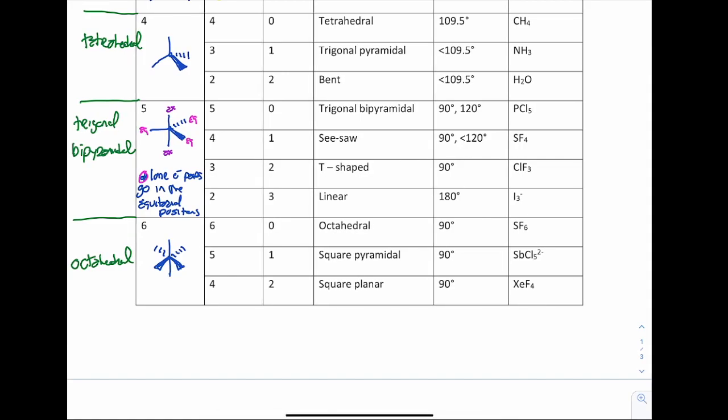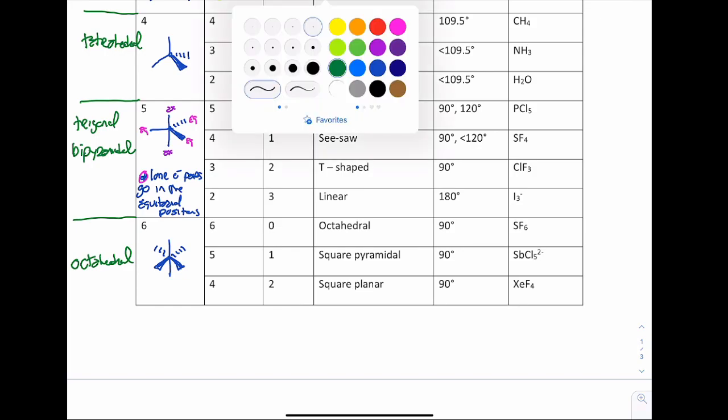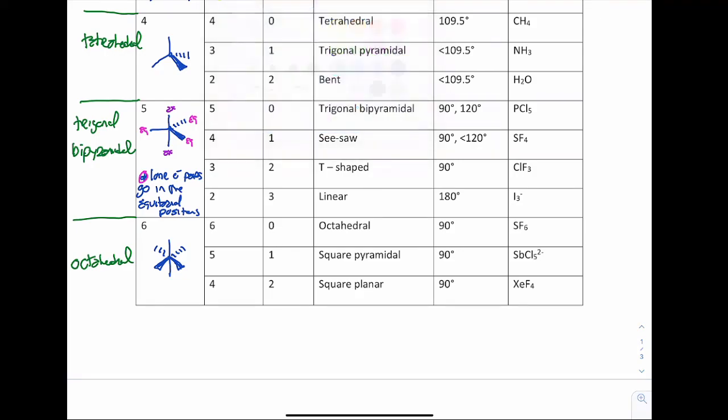If I put my first one here, then my other one has to be there. If you have 2 lone pairs, just remember that they must be completely across, 180 degrees from each other. So we can write that little stipulation: if 2 lone pairs, they must be 180 degrees from each other.